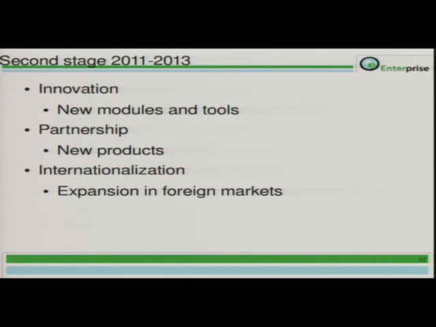We need other research groups, university groups, to increase the developer community, to develop the software further and increase the offer. And we need to internationalize the software, so we have to expand our services in foreign markets. So we need local companies or agents to propose the software and manage the installation.